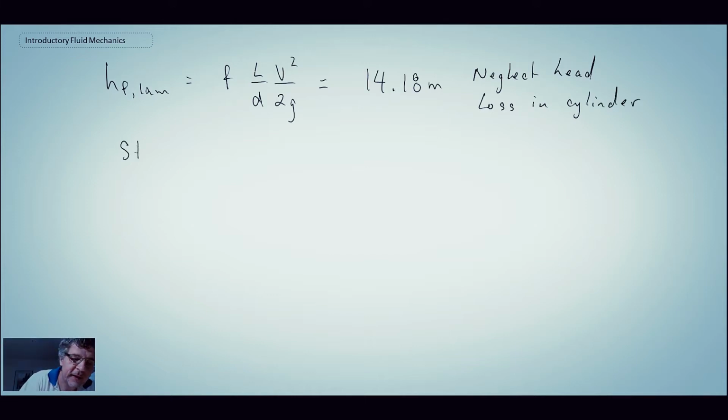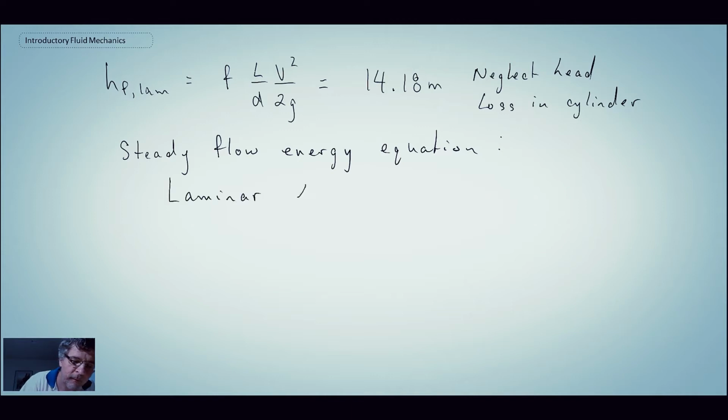So with that, we then go to the steady flow energy equation. We're dealing with laminar flow, and consequently our kinetic energy coefficients, alpha 1 and alpha 2, are going to be 2.0, and we're assuming V1 is approximately equal to 0.